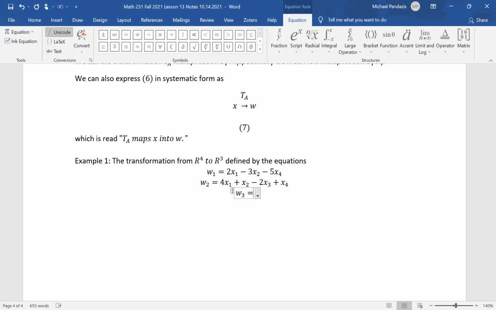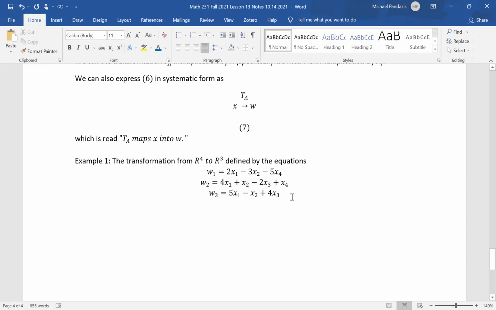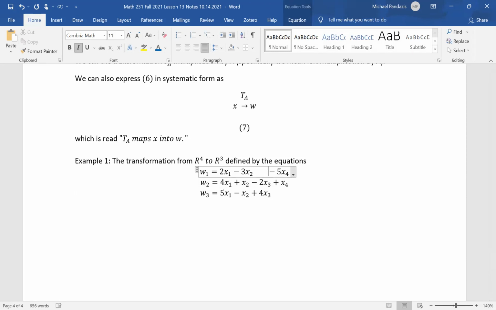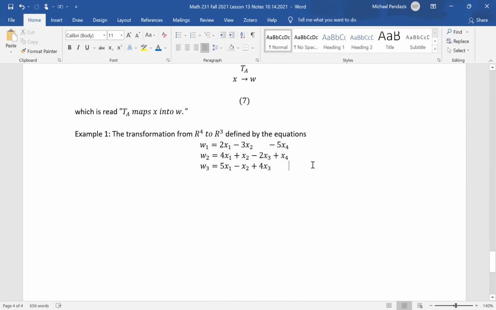W3 is 5x1 minus x2 plus 4x3. So we have a transformation from R4 to R3 defined by those equations.